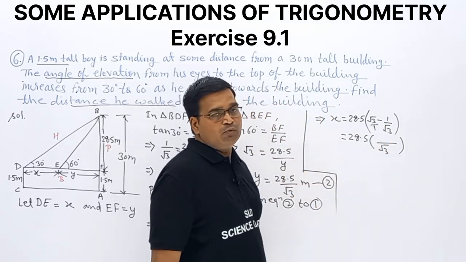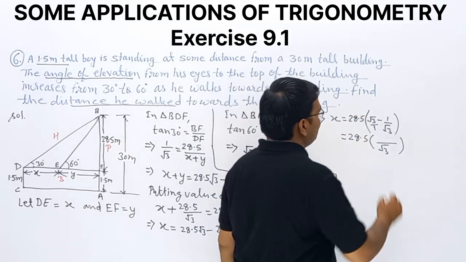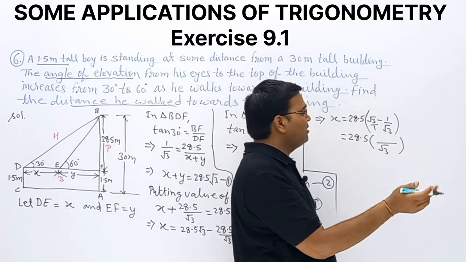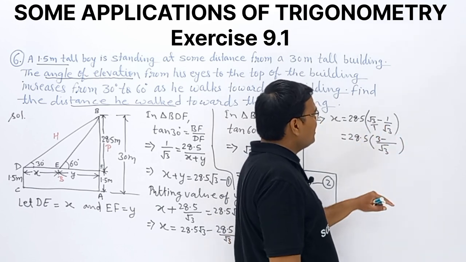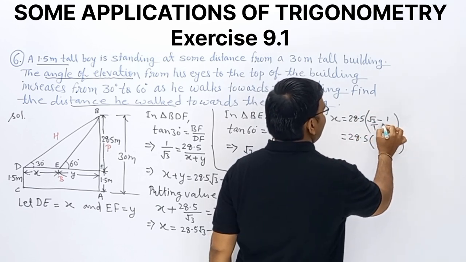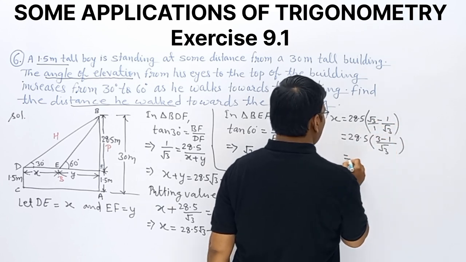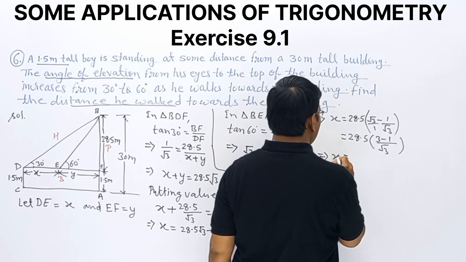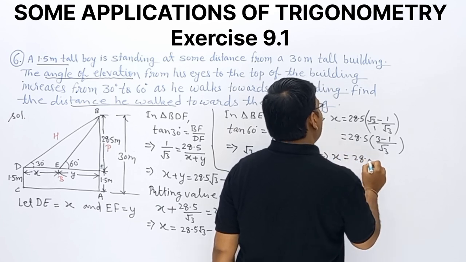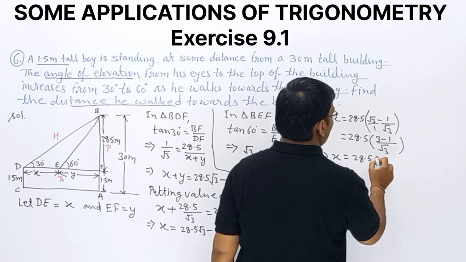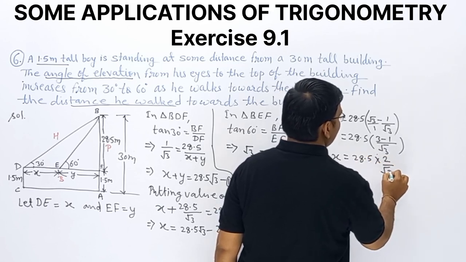This divided by this one, we are getting square root of 3, multiplied by the numerator, then square root of 3 into square root of 3. What will be the answer? 3. Minus this divided by this one, 1 we are getting multiplied by the numerator. We are having 1. So what will be the value of x? X will be 28.5 into 2 upon square root of 3.